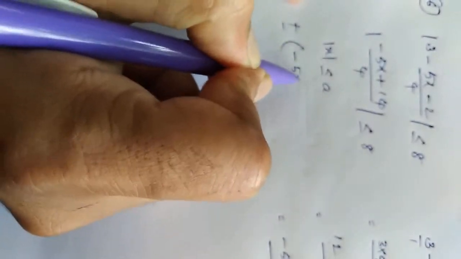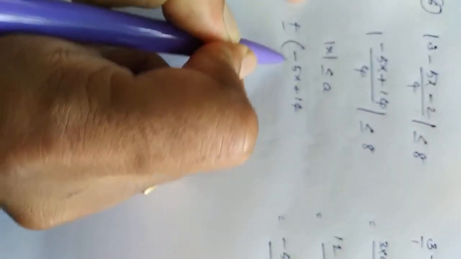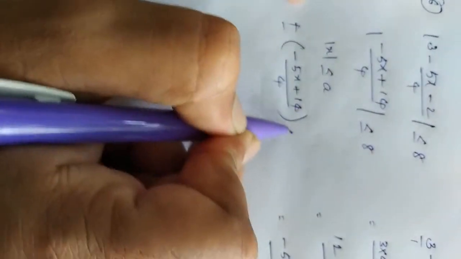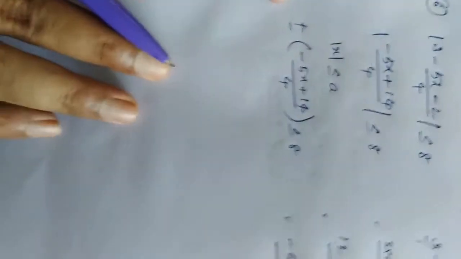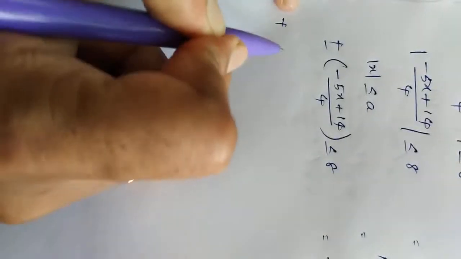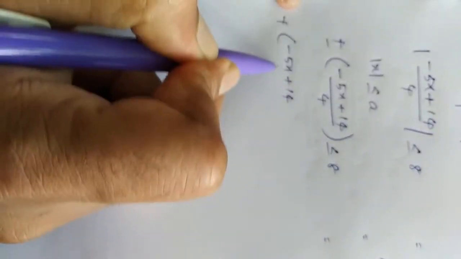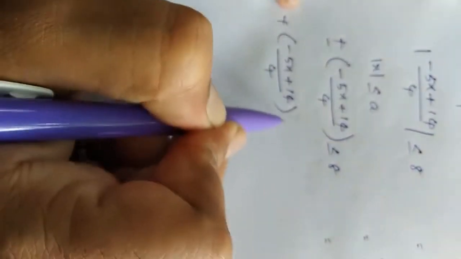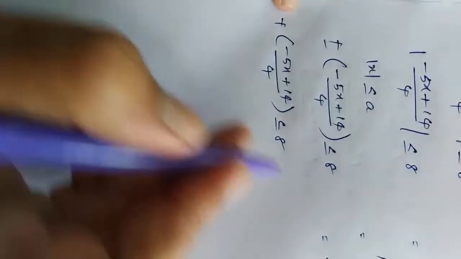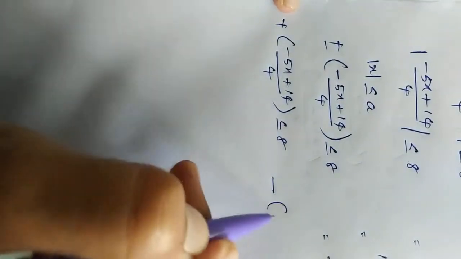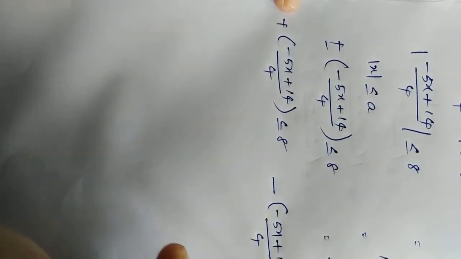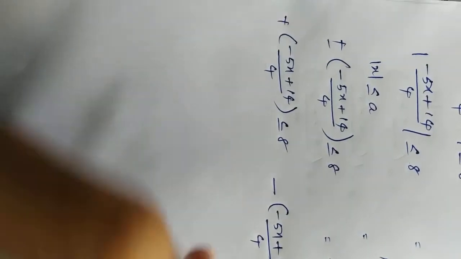Take the positive: minus 5x plus 14 divided by 4 is less than or equal to 8. Next, take the negative: minus of (minus 5x plus 14 divided by 4) is less than or equal to 8.